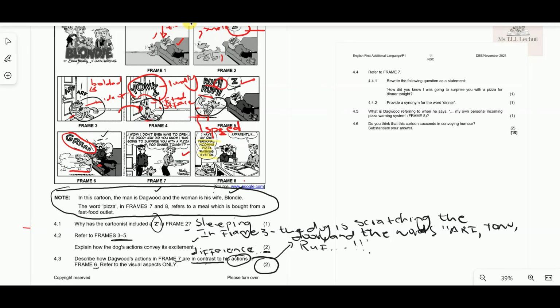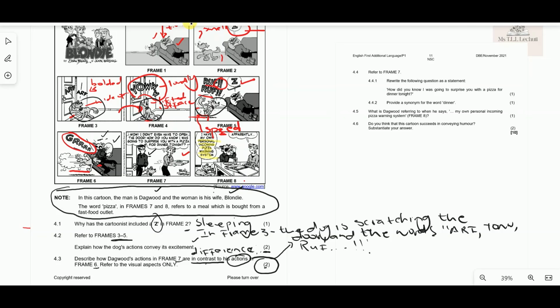That is the contrast, because it is vividly clear that his mouth here is wide open because he was irritated to be woken so rudely by the dog. And then here the lips were tightly closed to show that he was surprised to see Blondie. Now that you have spoken about one feature, remember this is 2 marks, we can't only talk about the mouth.